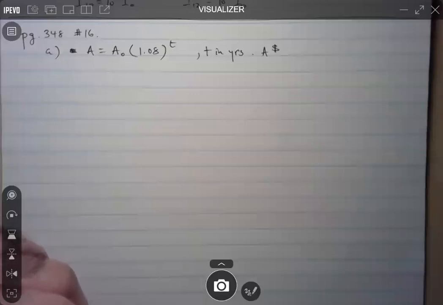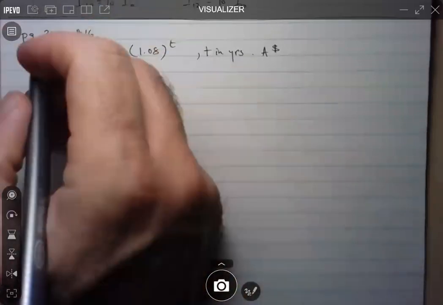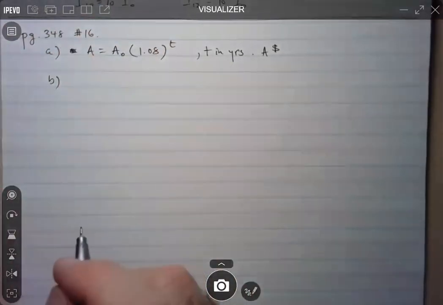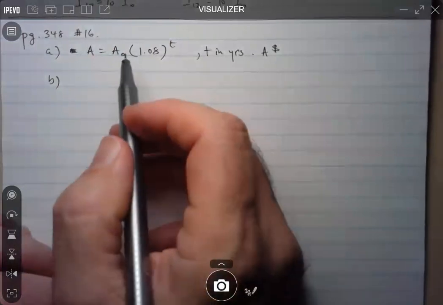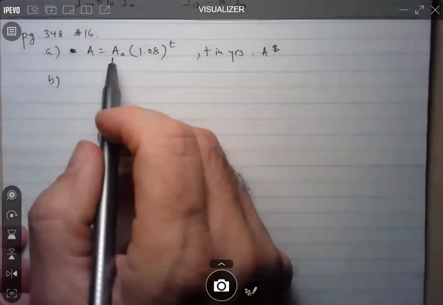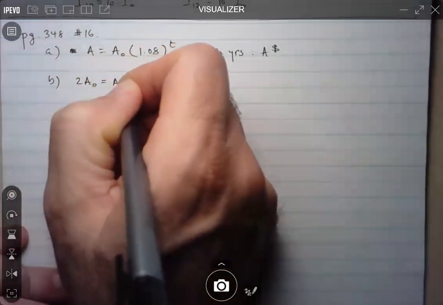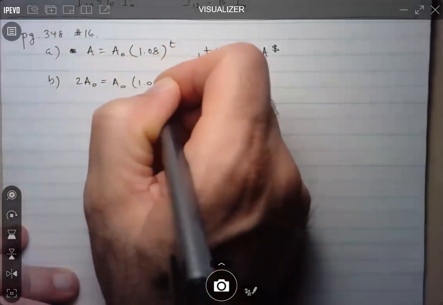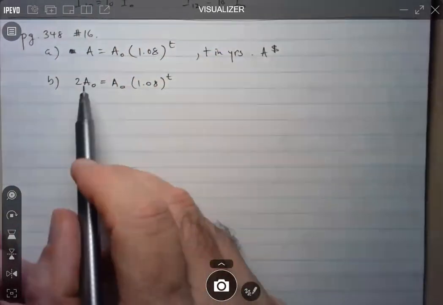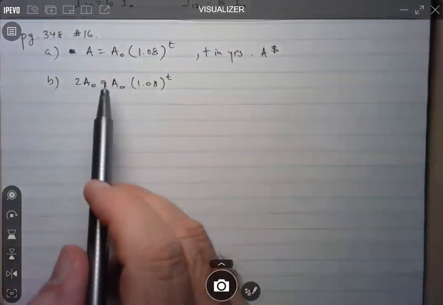So here it says, how long will it take for this investment to double? Okay, so in this case, I don't know the initial amount, but I know that I want my final amount to be double whatever the initial amount is. And this is where, like we saw earlier, we're going to be able to solve this problem regardless of what the initial amount is.